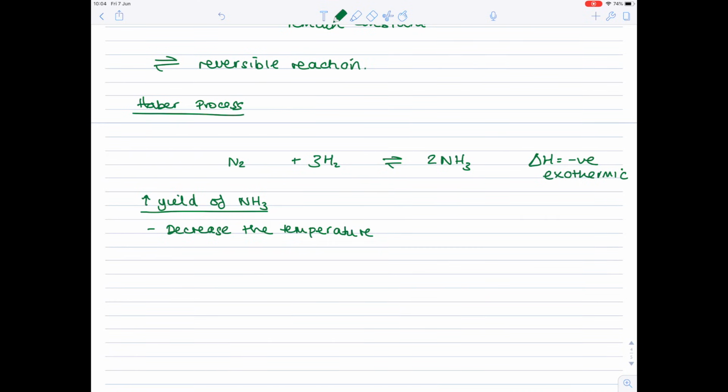So we want to decrease the temperature. Why? Because the forward reaction is exothermic, and that is enough. So we're going to say the position of equilibrium shifts to the right.